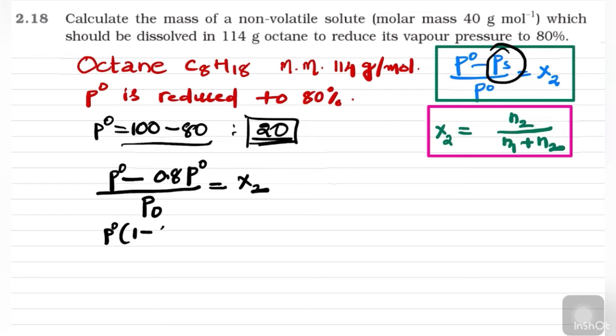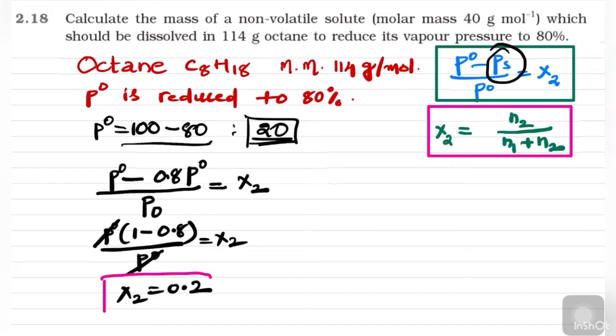It is equal to (1 minus 0.8) divided by P naught equals x2. So P naught cancels out, x2 becomes equal to 0.2. So this is the first part we have calculated. The mole fraction of the solute has come up as 0.2. So after the 80% reduction, we could solve from these two techniques.